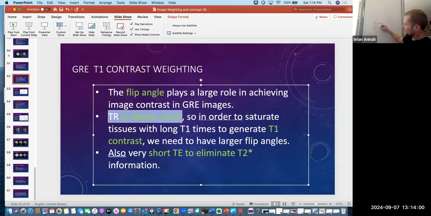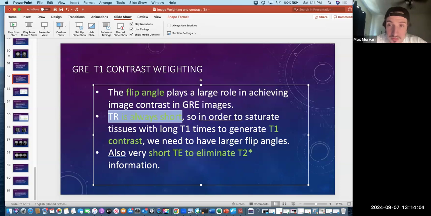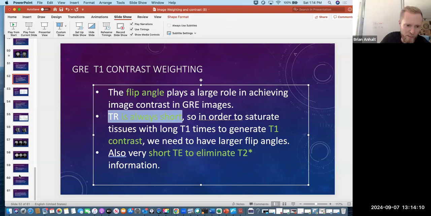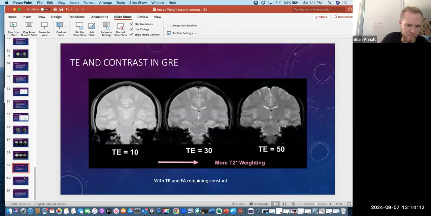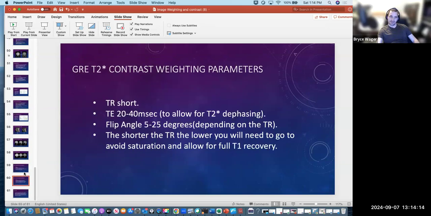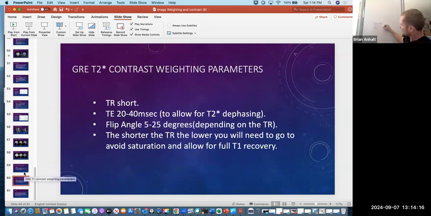Short flip angle, probably like 25, or 5 to 25. That minimizes T1 information.